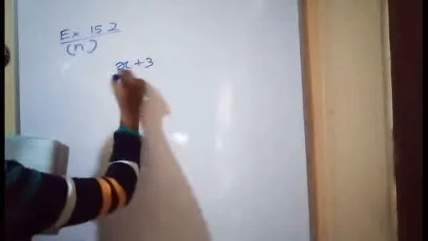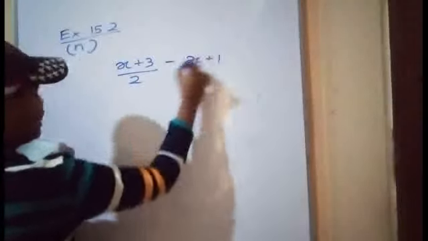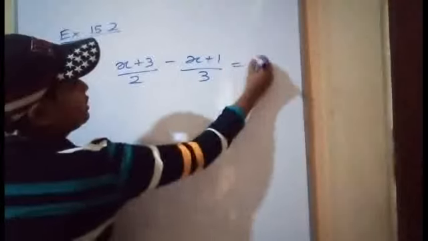I am going to do it as an example to get knowledge about solving linear equations containing brackets. Now the last one is (x plus 3) divided by 2 subtract (x plus 1) divided by 3 equals 2.